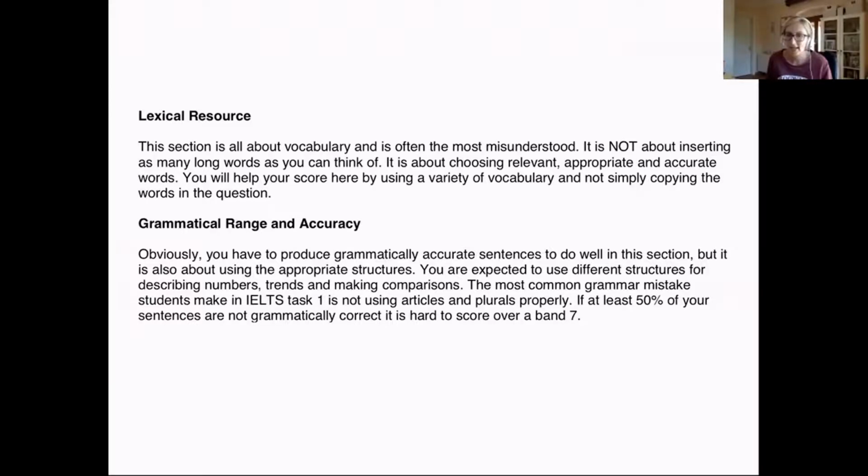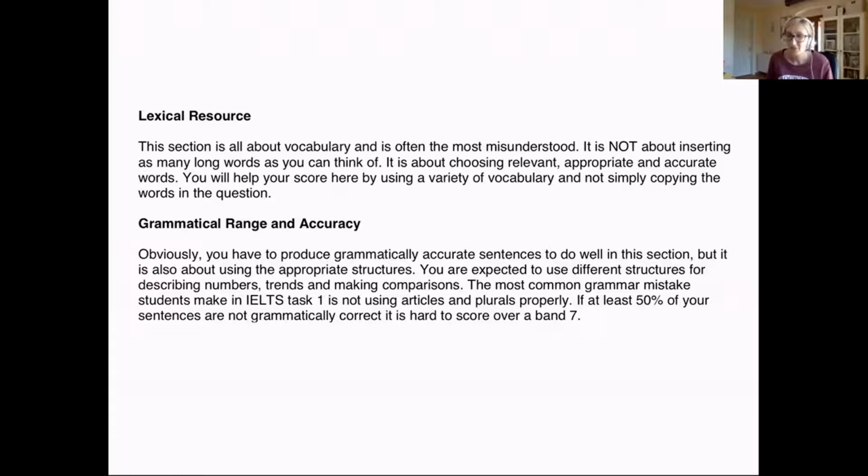Grammatical range and accuracy. Obviously, you have to produce grammatically accurate sentences to do well in both the writing tasks, but you also need the appropriate structure. You will be expected to use different structures for describing numbers, trends, and making comparisons. The most common grammar mistake students make is not using articles and plurals properly.